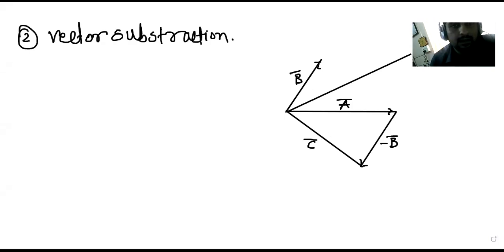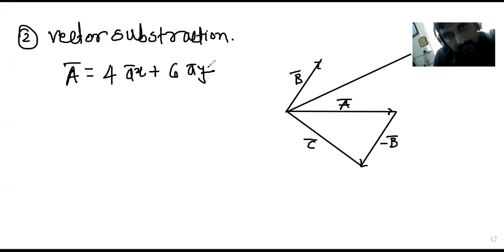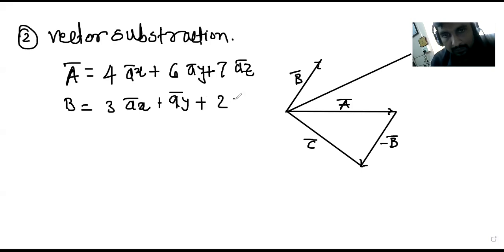Right. But in practice, mathematically, if I give you the example, if vector a bar is given, a bar is equal to, let's say, 4 a bar x plus 6 a bar y plus 7 a bar z, and let us assume b bar is equal to, let's say, 3 a bar x minus 1 a bar y plus 2 a bar z.